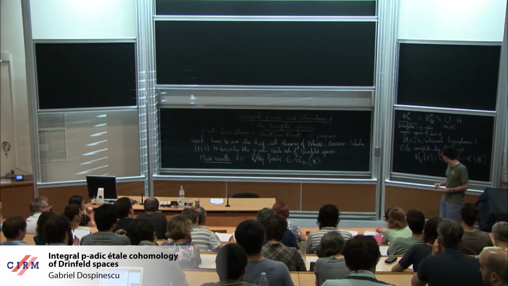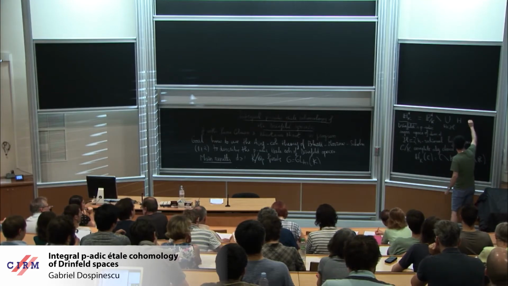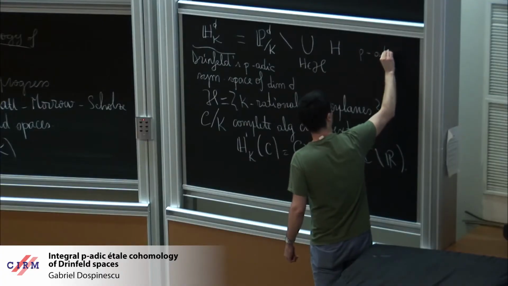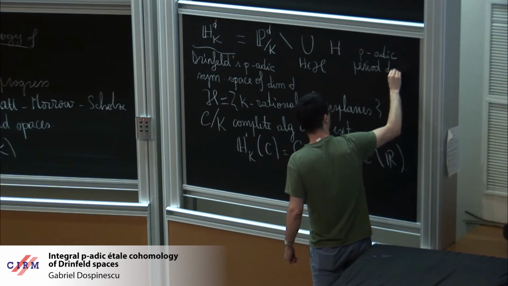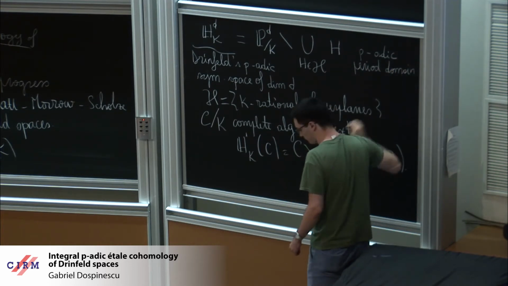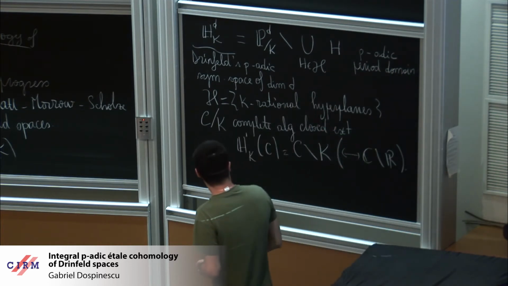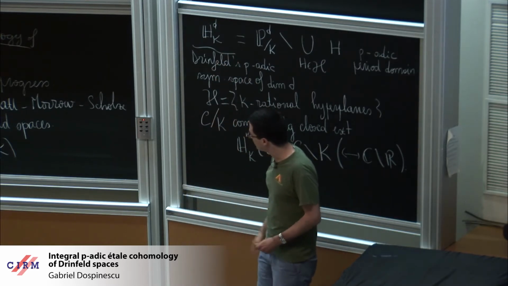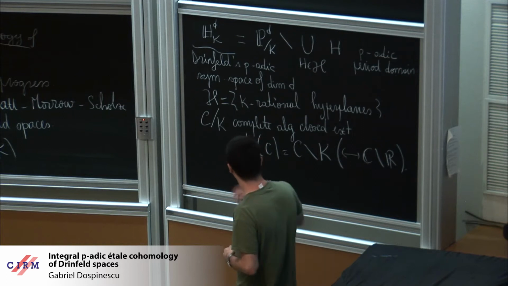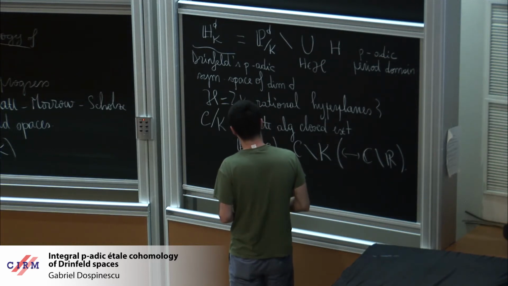So in general, one can show that this is a p-adic period domain, in the sense that it has some kind of modular interpretation. So these are rather standard spaces that occur when studying, for instance, the uniformization of certain Shimura varieties.